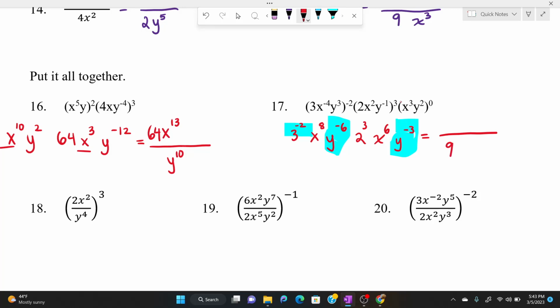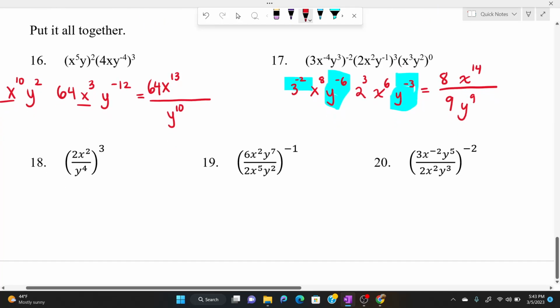And then that'll be y to the 6th times y to the third. Well, that's just going to be y to the ninth. And then in the top, I'll have 2 to the third is 8, and then x to the 6th times x to the 8th is x to the 14th. And I'm done.